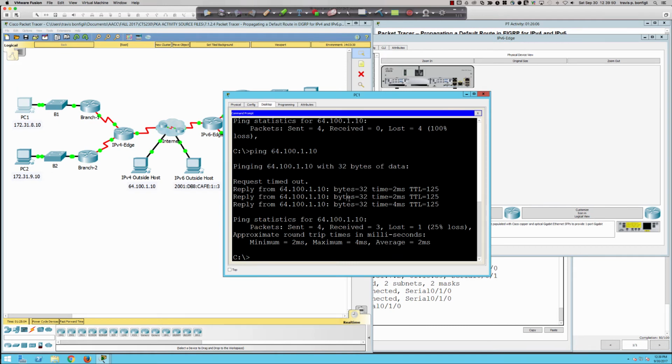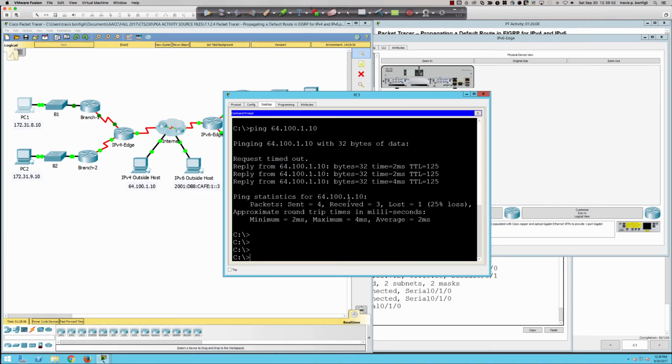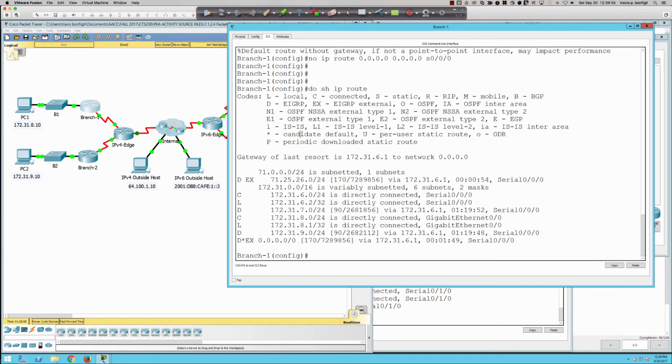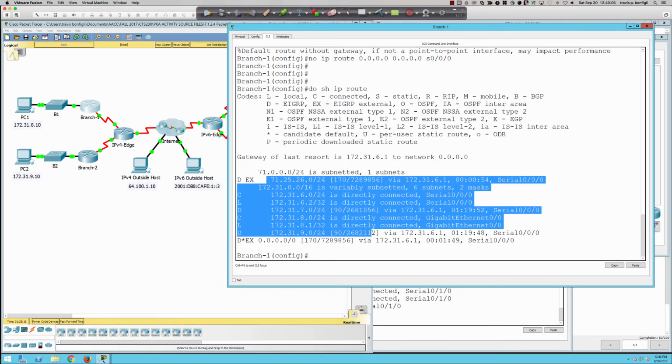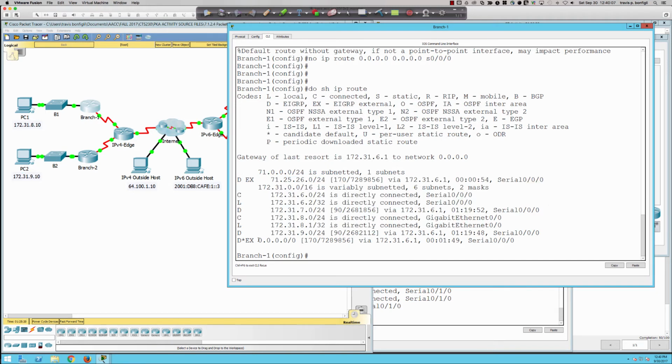Let me be complete here and say, okay, now that the branch 1 router has that default route, which we can see right here, basically telling them, hey, if you don't have a more specific, longer match for a network, just throw it over the fence. Give it to the IPv4 edge, because he's telling us he knows how to get to everything that we do not have a longer, more specific match to get to.